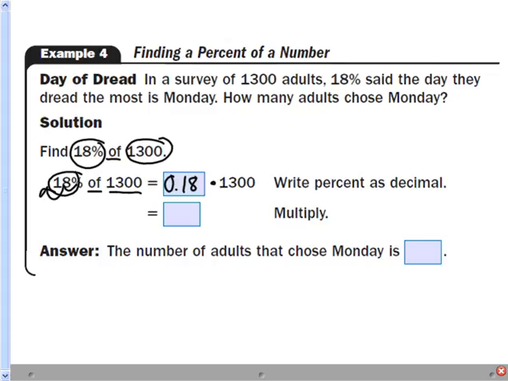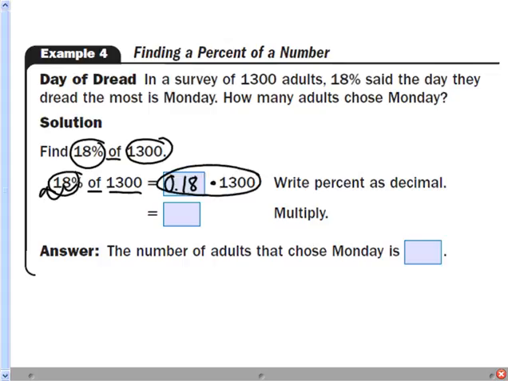And now we have to do that multiplication. That can be done on a calculator at times. If I'm asked not to use a calculator, I'm going to try to figure out how to multiply this without a calculator. I'm going to do just 18 times 1,300 and worry about the decimal point at the end. And I think I'm going to do 13 times 18 first. Maybe I'll use lattice here. 13 times 18 and worry about the zeros afterwards, because this will be simpler.